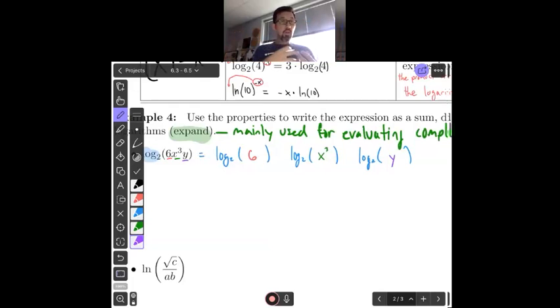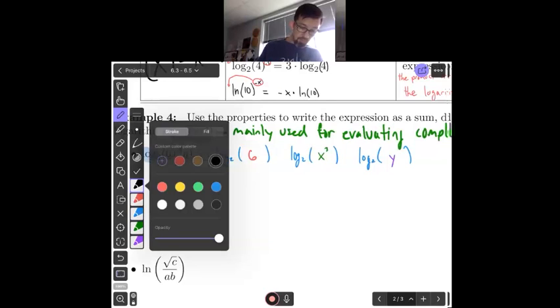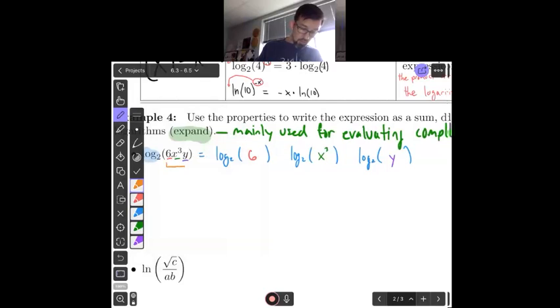Then, we want to go down to adding and subtracting. What we should notice here is that these are all multiplying, which means that they are going to all add.